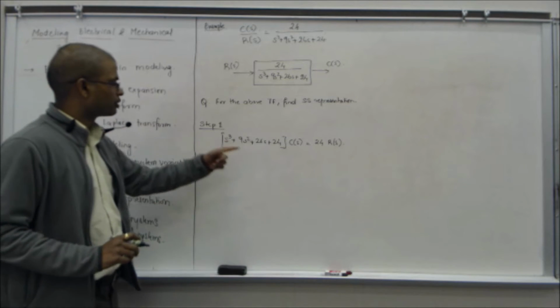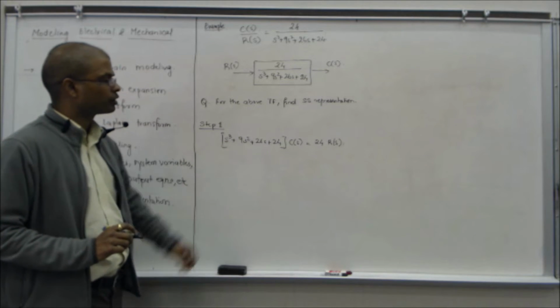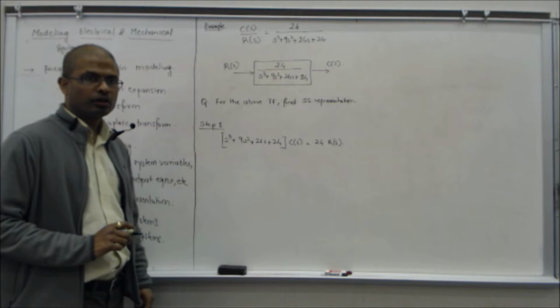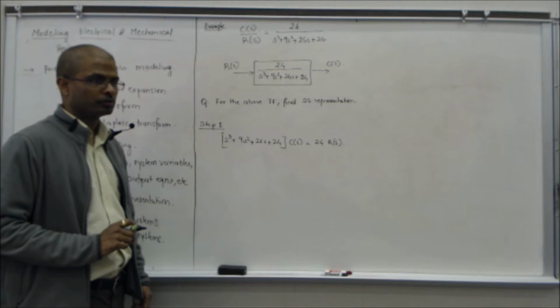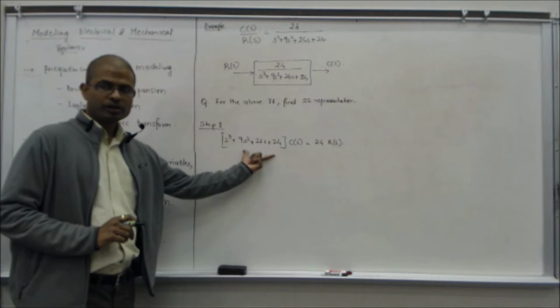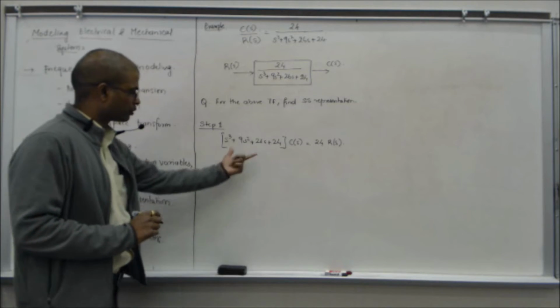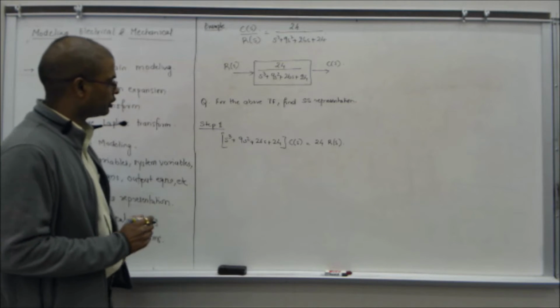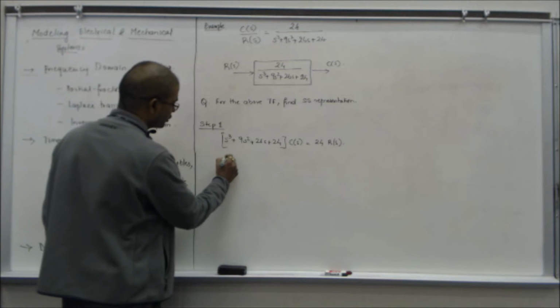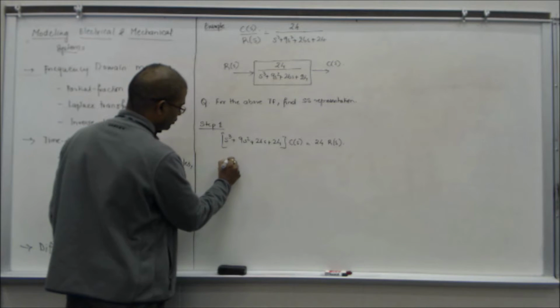So step 1 is this, and you're going to convert this to an ordinary differential equation, okay? So we have discussed this many times. It's very, very simple. So what is the differential equation associated with this? It is simply, yeah.